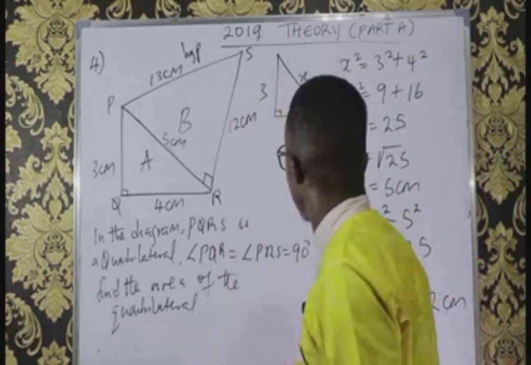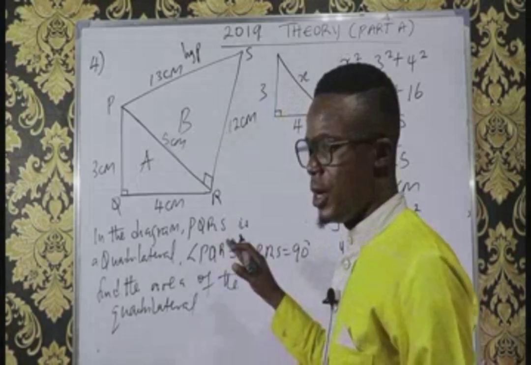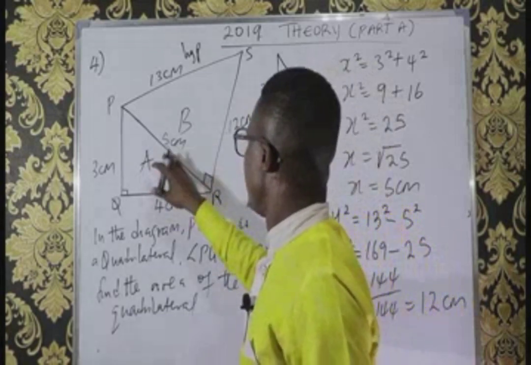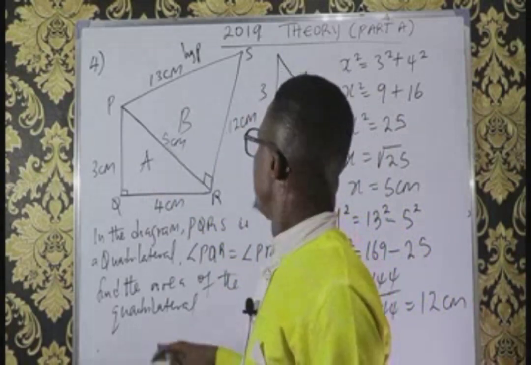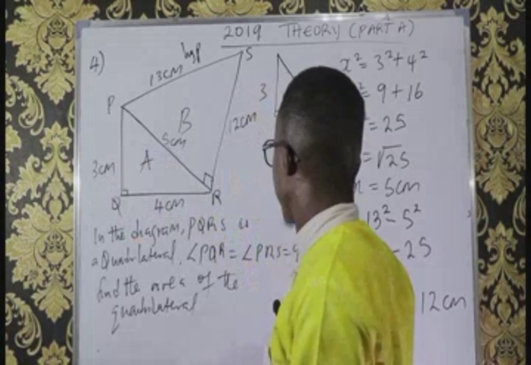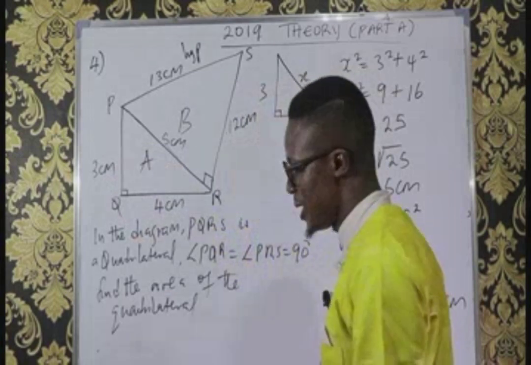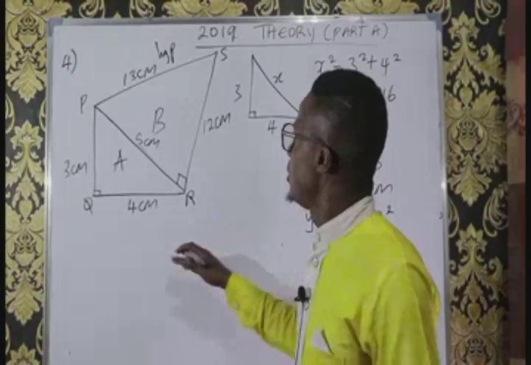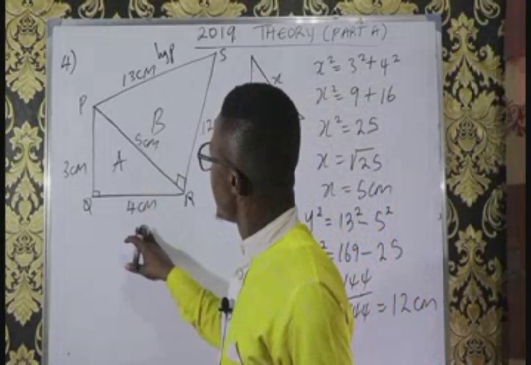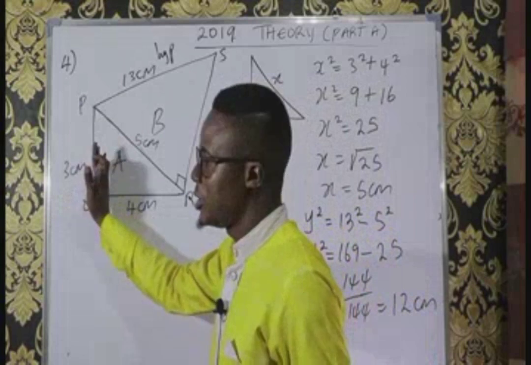We've not actually done what we are to do because we need to get the area of the triangles one after the other. For this particular triangle, we know the height. It is upright. This is the height. And since we know the height, we can easily use the formula. Alright, so let us first of all get the area of this triangle A. It is a right angle triangle and you know the height already.